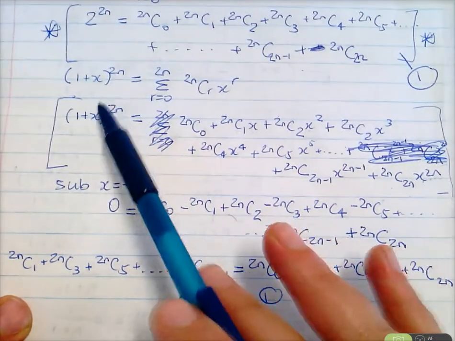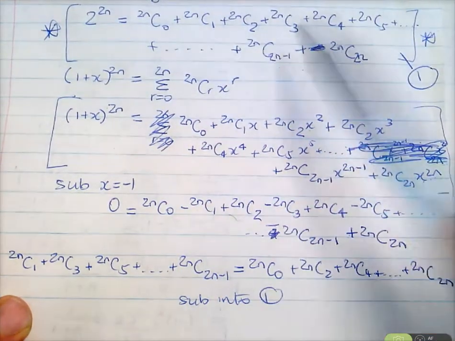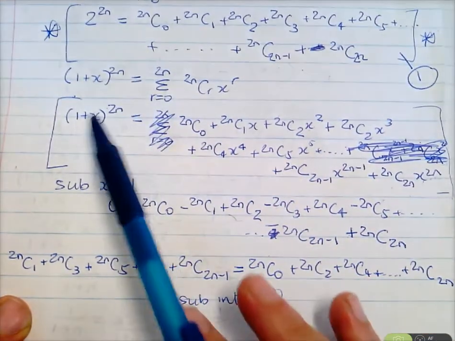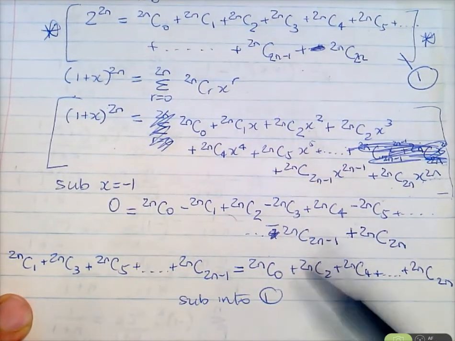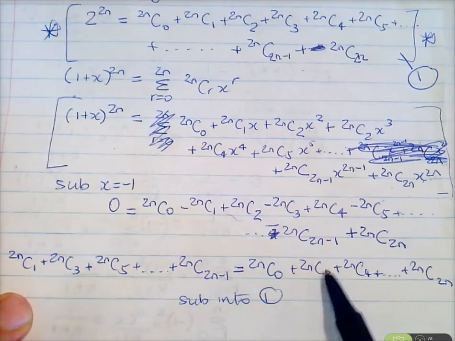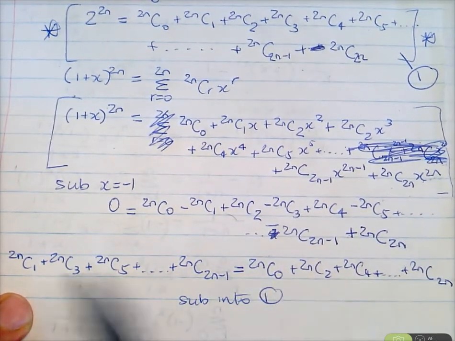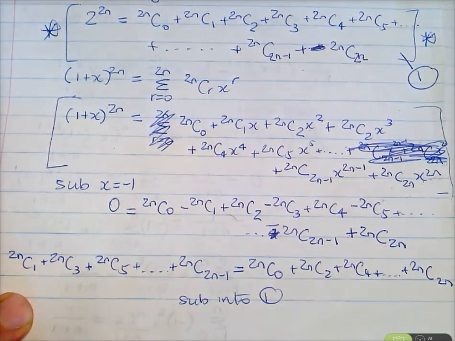But I needed to do some other substitution. I needed only to keep every second and double up. And the only way to do that is to start with the original expansion, write it out again, and substitute x is -1 and take all the negative ones to the other side. And now we can see that the evens are equal to the sum of the odds. Sum of the evens equals sum of the odd terms.